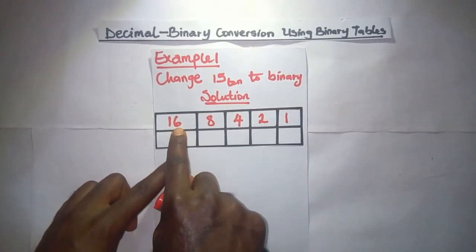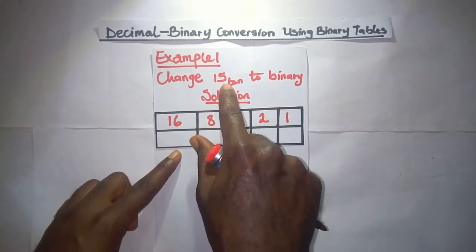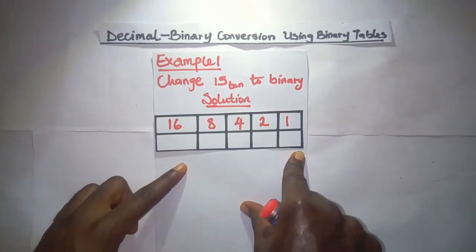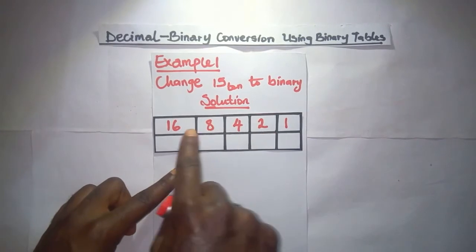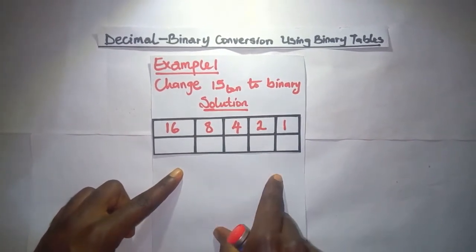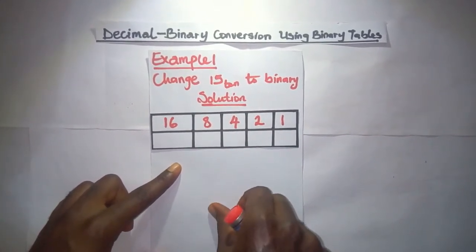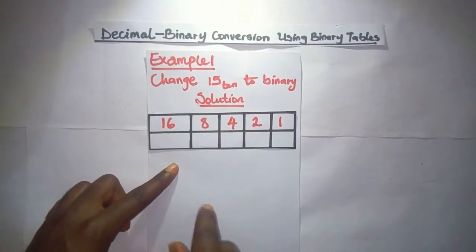We are up to 16, and 16 is bigger than 15. So the only thing we need to do is to find out the numbers on this binary table that we can add up that will give us 15.